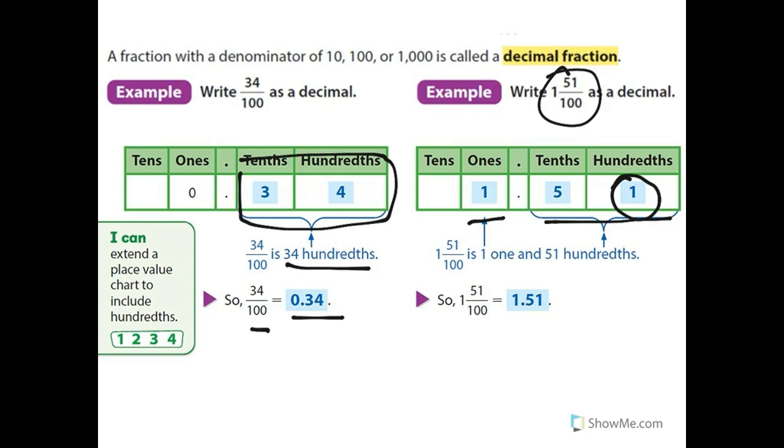Alright, so 1 and 51 hundredths, the decimal fraction is 1 and 51 hundredths. And our I can statement over there, I can extend a place value chart to include hundredths. So understanding hundredths.